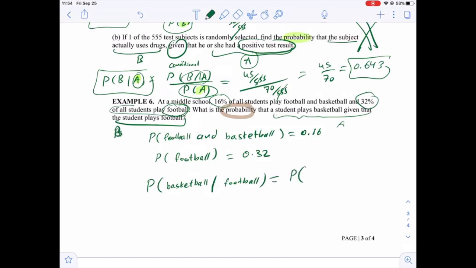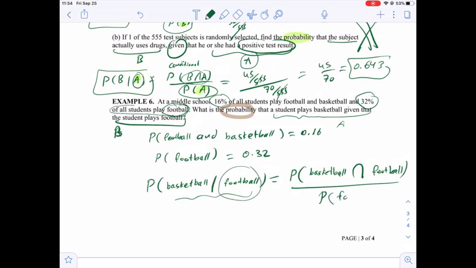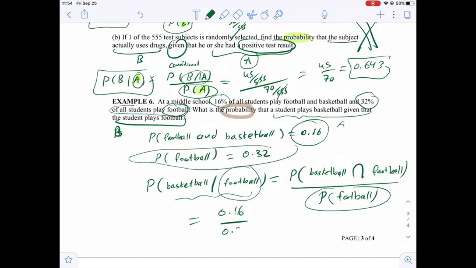This is the probability of the intersection of them, basketball and football, that means playing both, over the probability of the conditioned one, that's football. The probability of playing basketball and football is 0.16, over the probability of playing football, which is 0.32, and after using the calculator we get 0.5 or 50%.